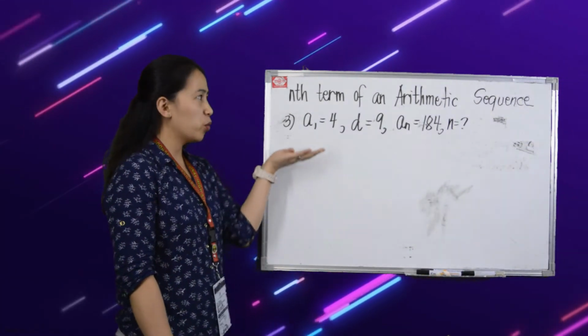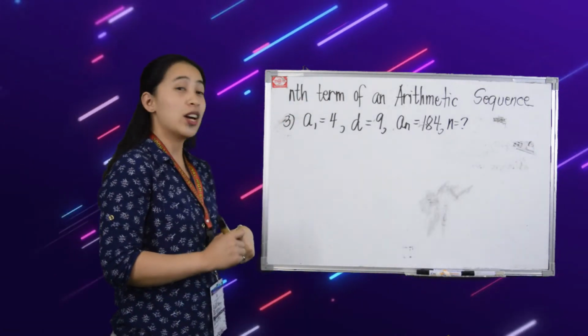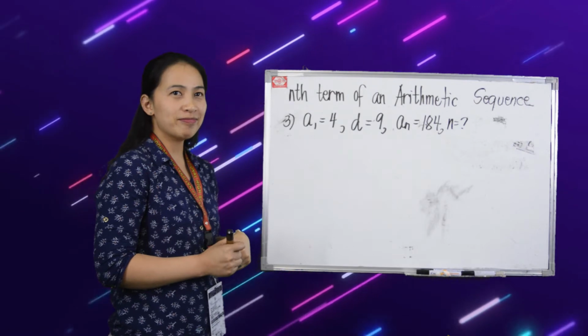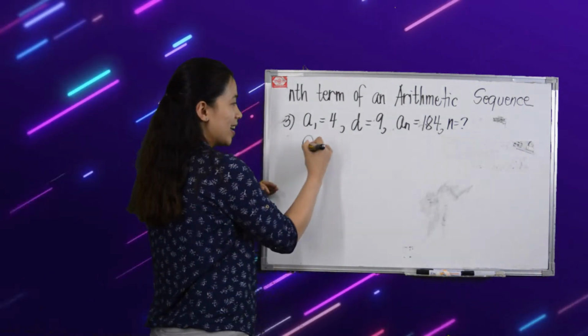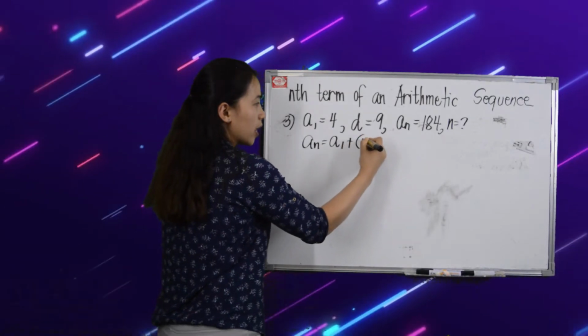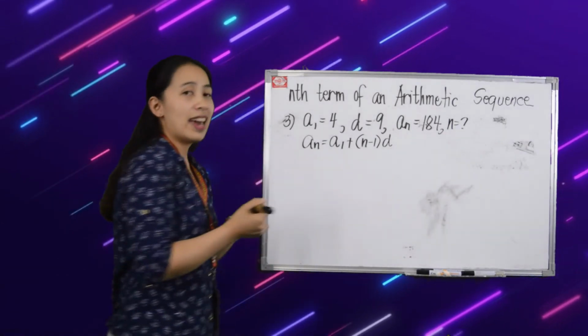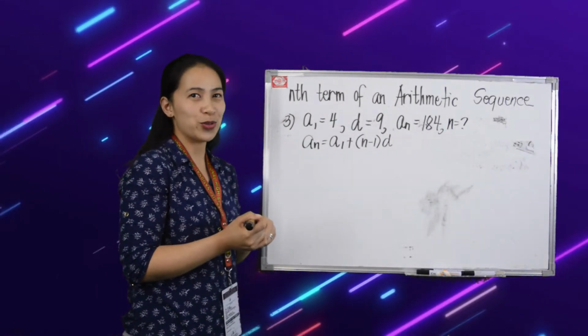The same. We are going to use the nth term of an arithmetic sequence. What is that again? It's a sub n is equal to a sub 1 plus the quantity n minus 1 times d. And again, you will just substitute.